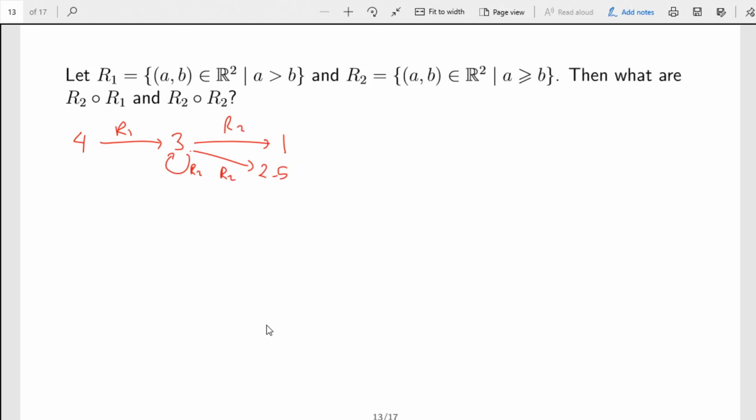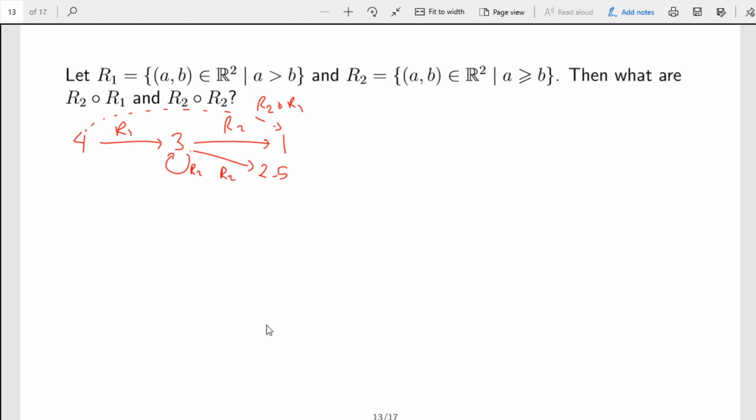So what is the relation between 4 and 1? Or 4 and 2.5, or 4 and 3, right? So that will be the composition of R1 and R2.